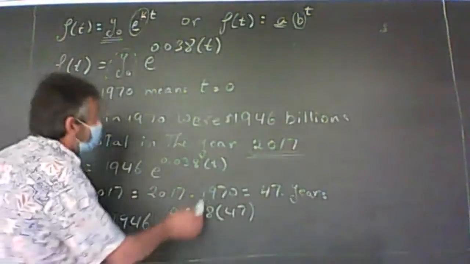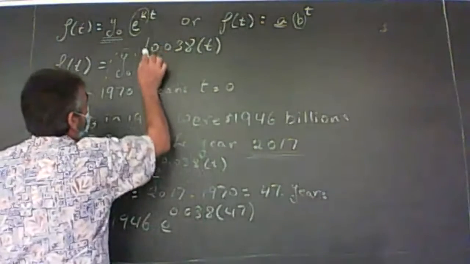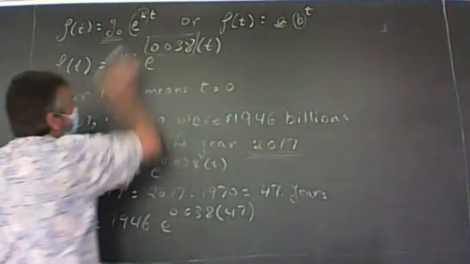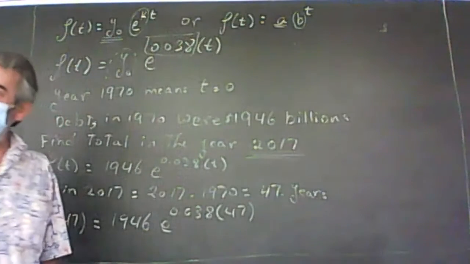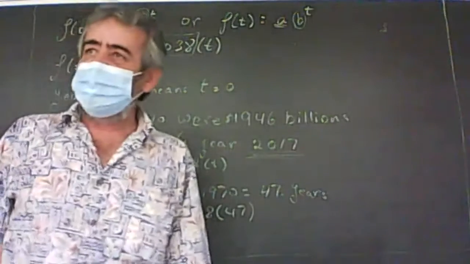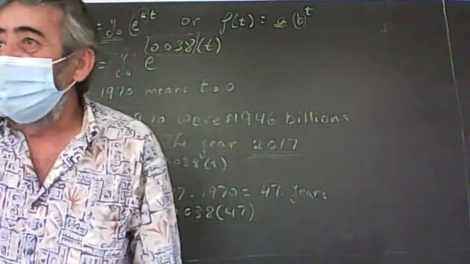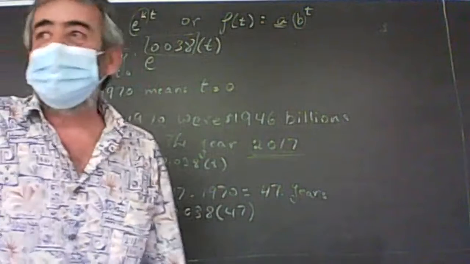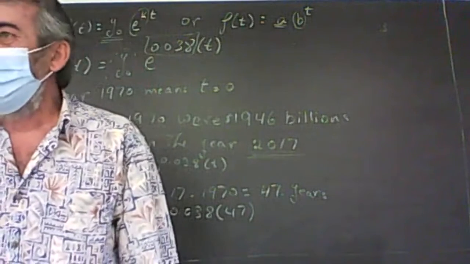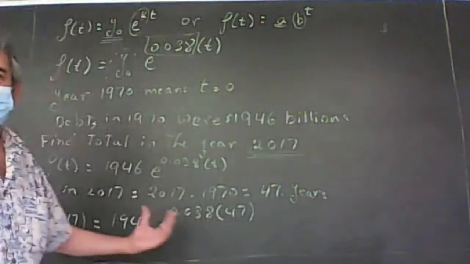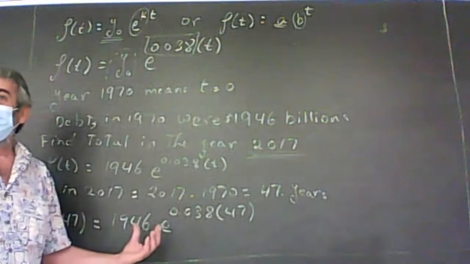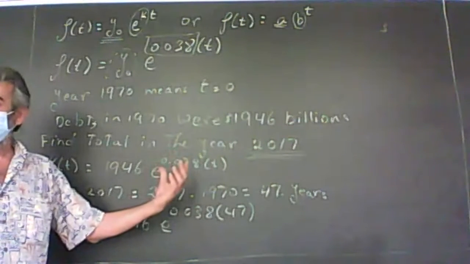Let's see. What did we say about what K represents? This is K. If it's positive, it represents what? Growth. And growth means what? Increases. So what should I expect? More.